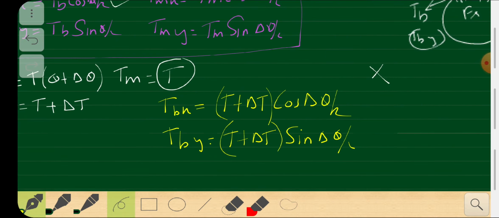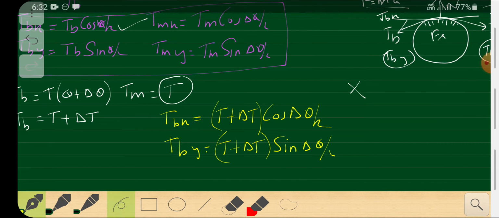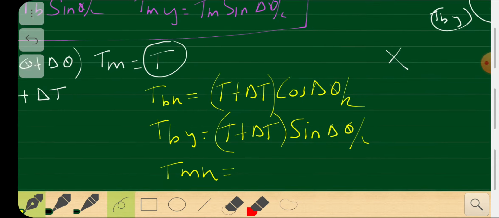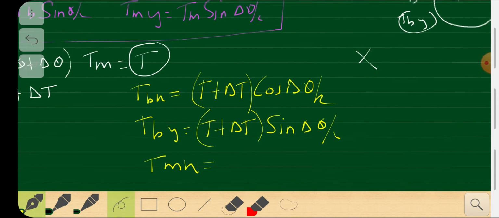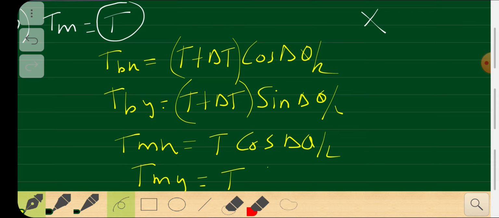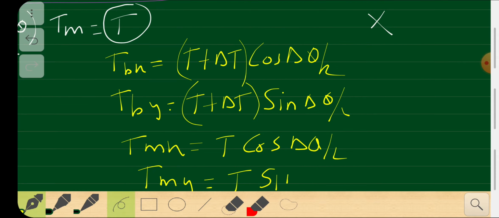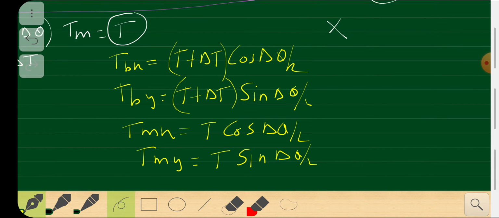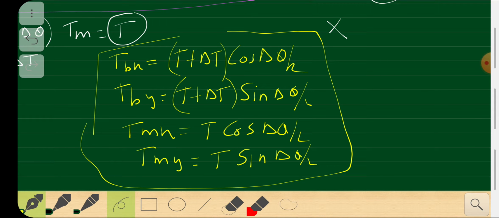And T mass x will be T cos delta theta by 2, and T mass y will be T sine delta theta by 2. Okay, symbol form, right? So now we got a symbol form that is much more efficient.